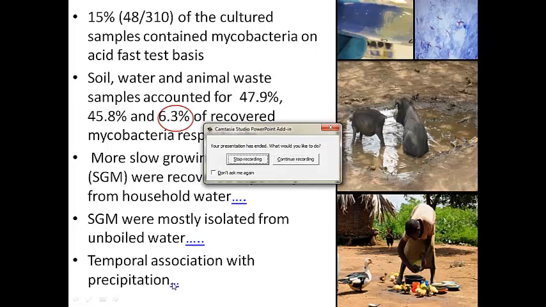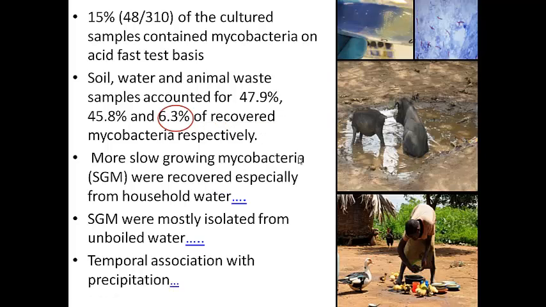So this simply means that during the rainy seasons, the stormwater from the hilly areas washes heavily organic and organically rich soils and everything into the valley dams. This becomes a rich environment for non-tuberculous mycobacteria to grow.